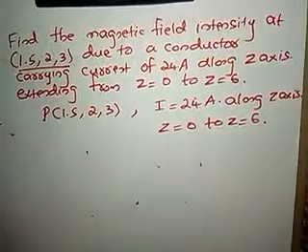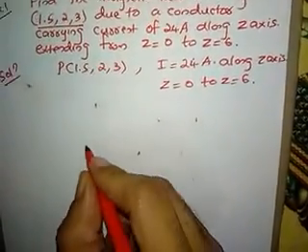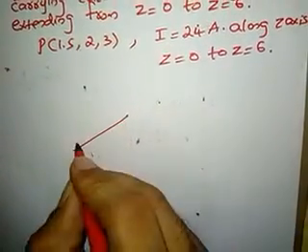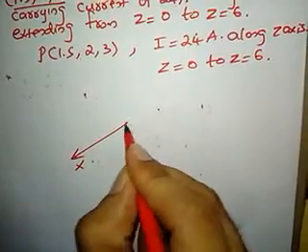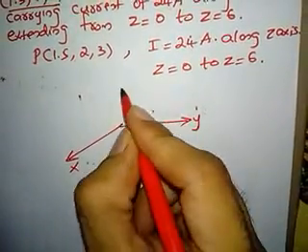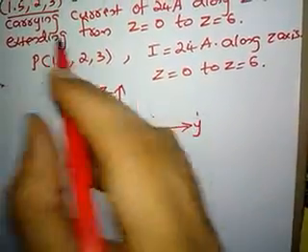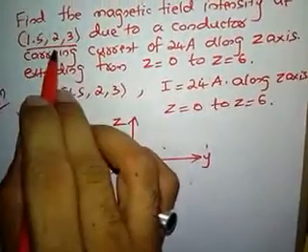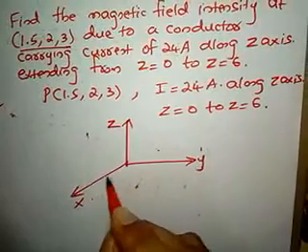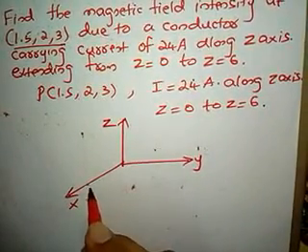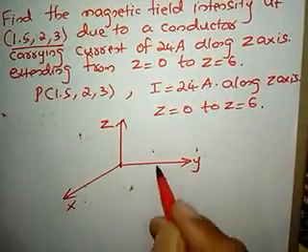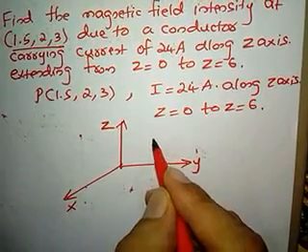First, let us convert this problem into the form of a sketch. So here we have X, then Y, and then Z. The coordinate given is 1.5, 2, 3. So move 1.5 along X, then move 2 along Y, then move 3 along the Z direction.